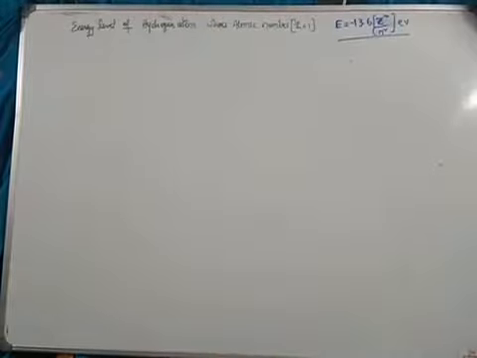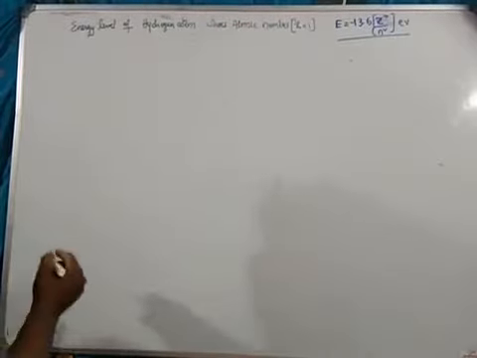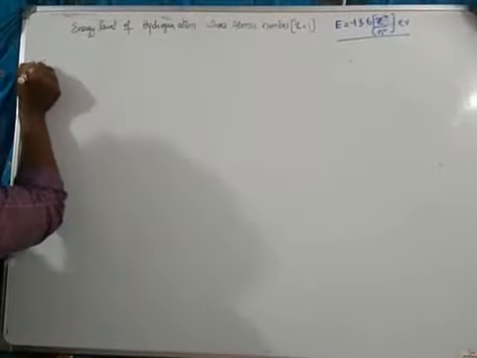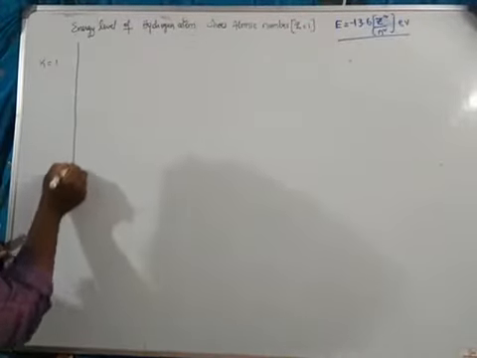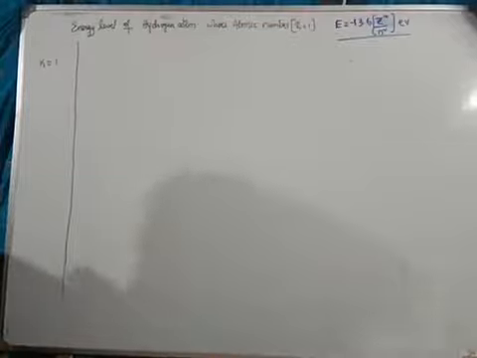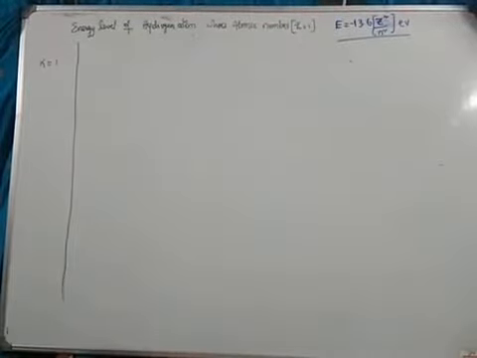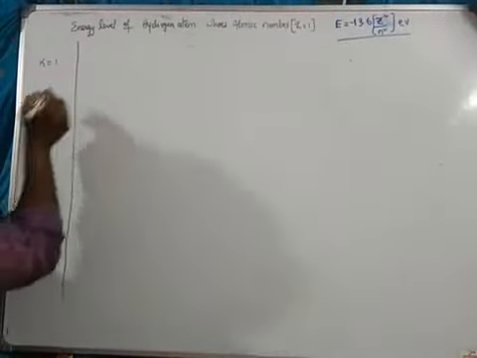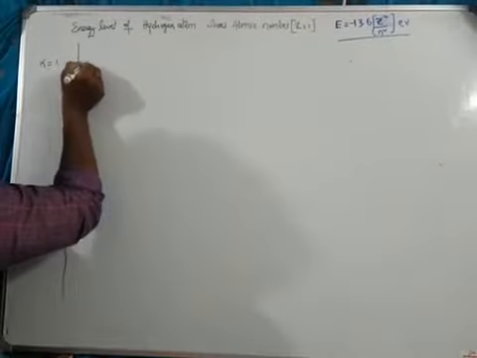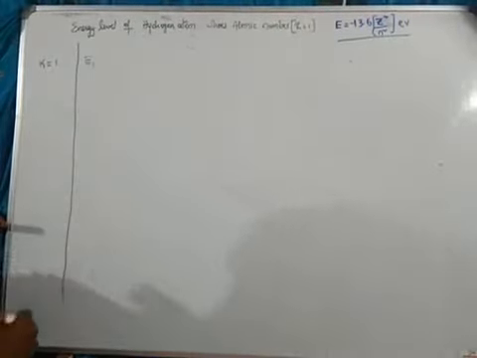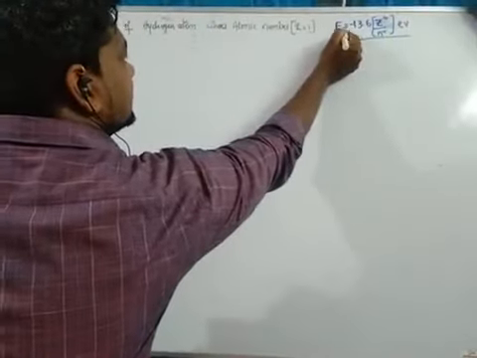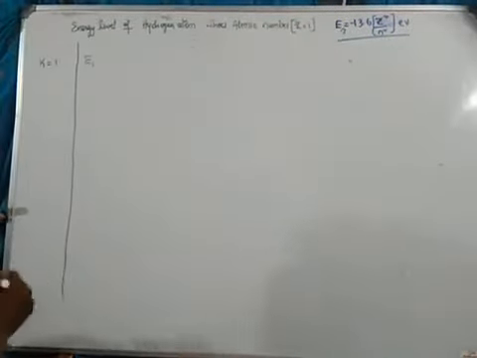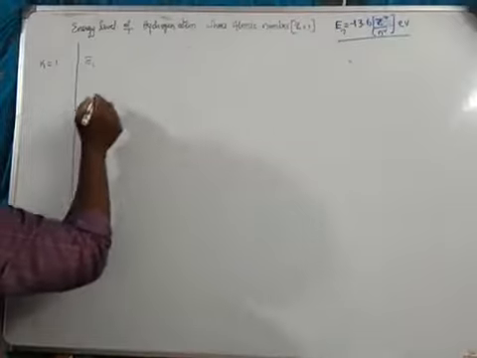Now we will calculate for different shells. For the K shell, n is equal to 1. What will be the energy and how can we define it? This is the formula for the nth shell, and we want to calculate the energy for the first shell.